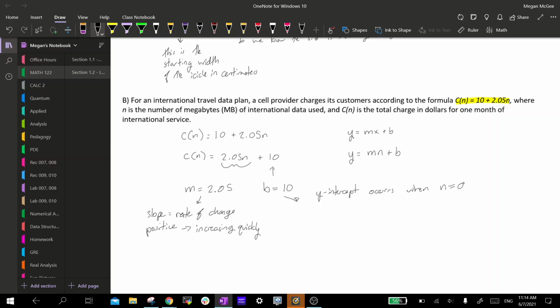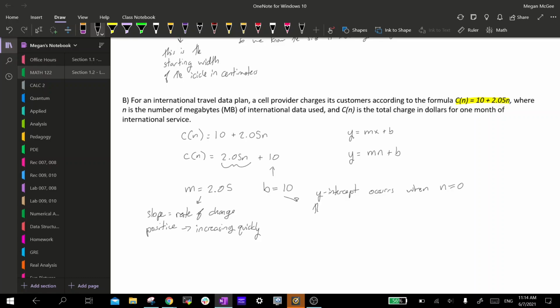Okay, so if you use no extra megabytes of international data, then they're still going to charge you $10, even though you have not used any extra megabytes of international data. Okay, so the B is equal to 10.